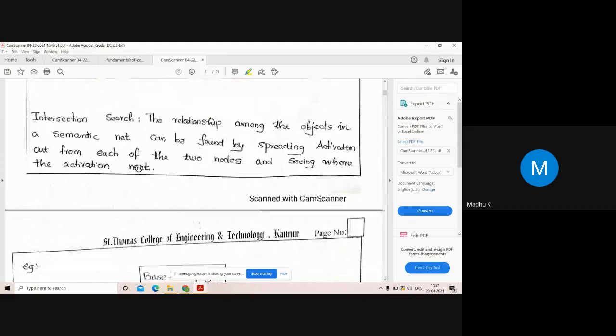Next, intersection search. What does intersection search mean? The relationship among the objects in a semantic net can be found by spreading the activation out from each of the two nodes and seeing where the activation met.